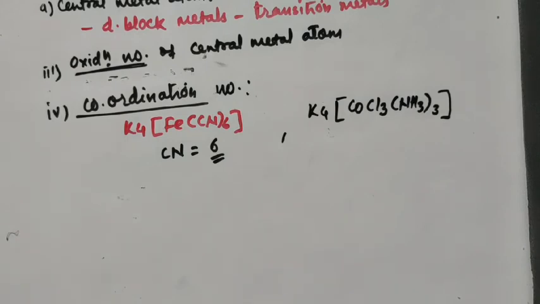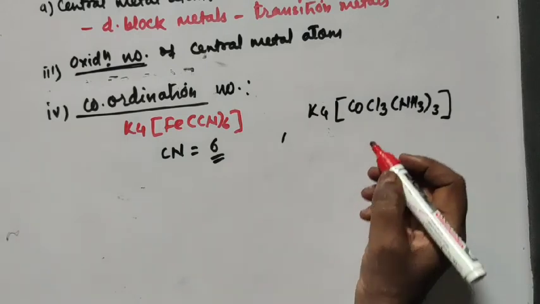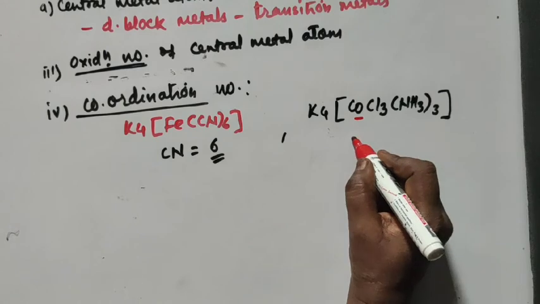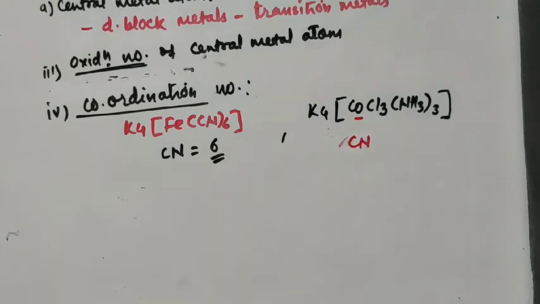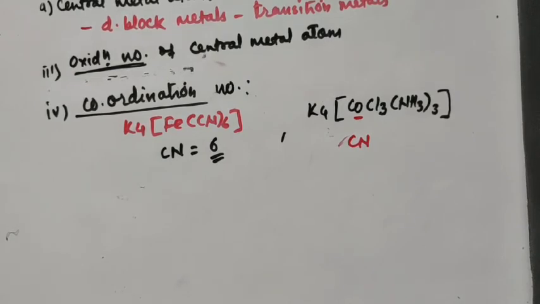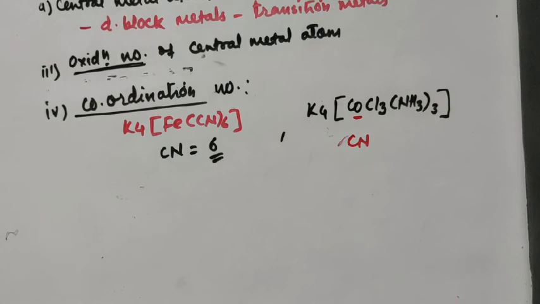Then in this case again, what is the coordination number of Co? It is just the number of ligands attached with the central metal atom when these are monodentate. So Cl is also monodentate. Nitrogen is also monodentate. It can donate only one pair of electrons for the bond formation. So these are monodentate.